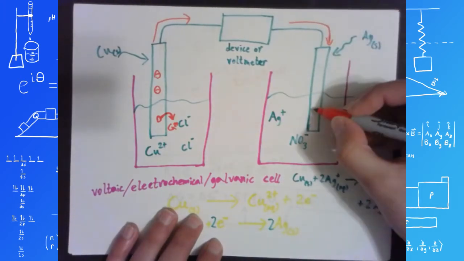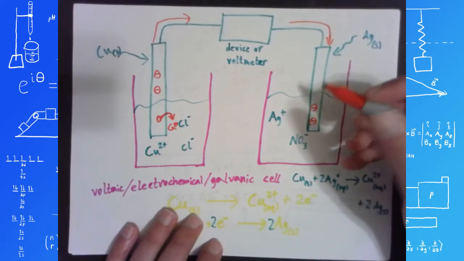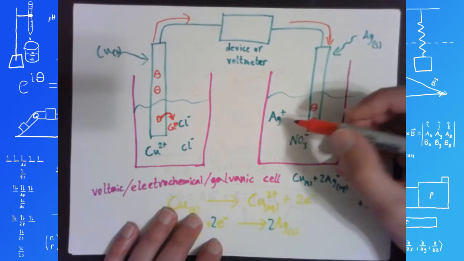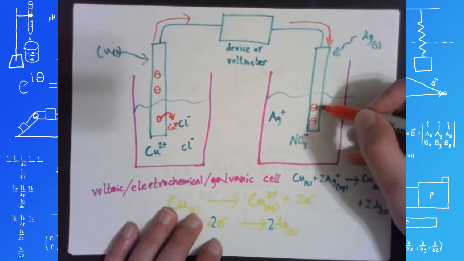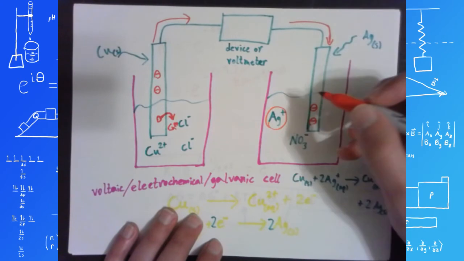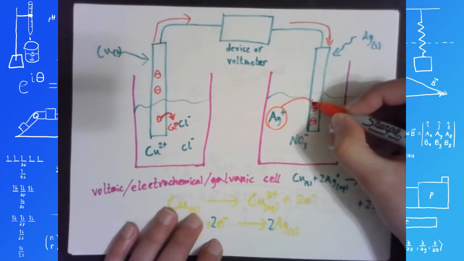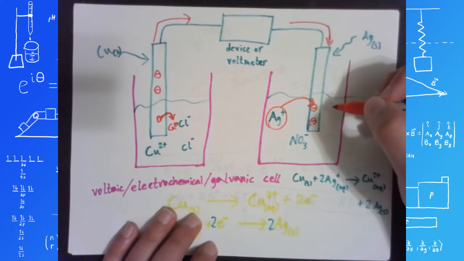Once they make their way to this side, the electrons will attract the silver ions. The silver ions will come closer, they'll pick up the electrons, and they'll deposit as solid silver metal. So silver ions from here will pick up an electron and turn into solid silver metal on top of the surface of this silver metal bar.